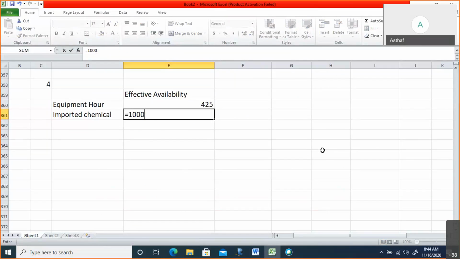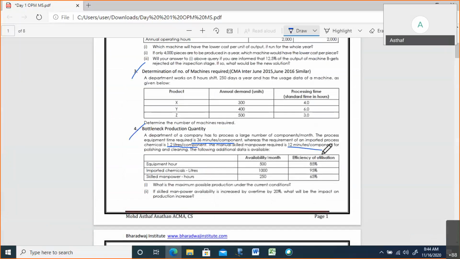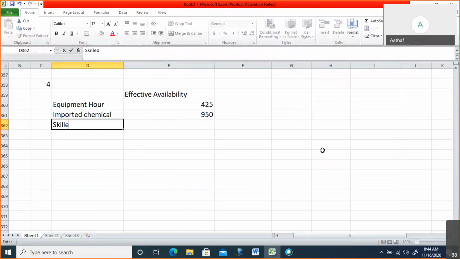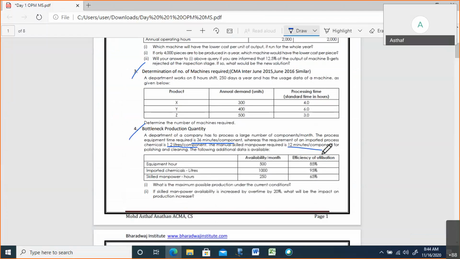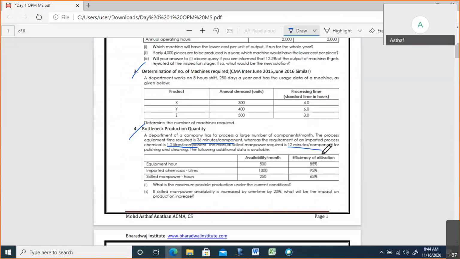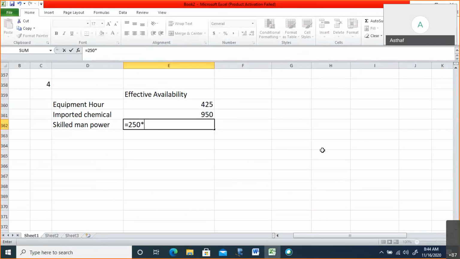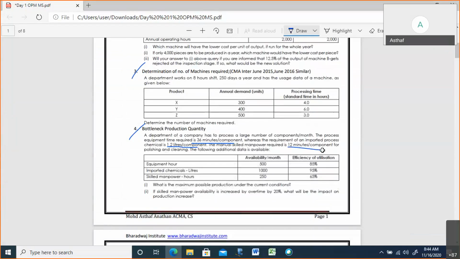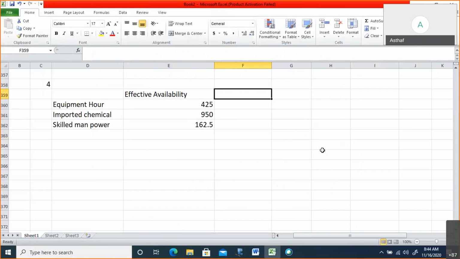We have 1000, but we use only 95%. Next, skill, 250 into 65%.